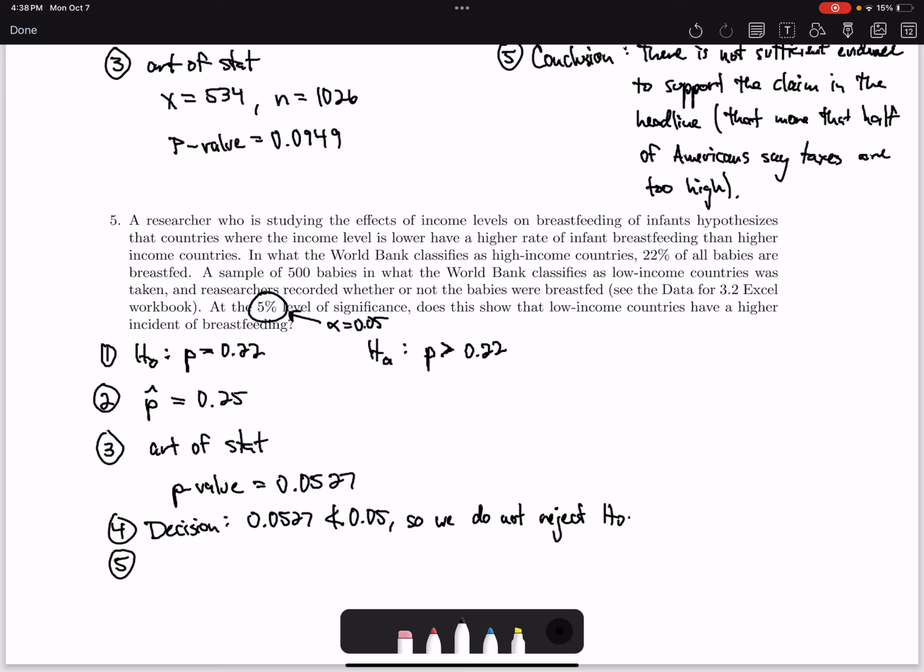Okay. And so once again, we would say there's not sufficient evidence, right?